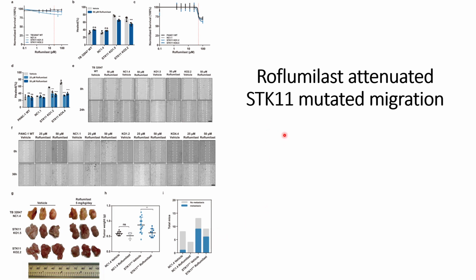It might be impacting the migrations to other organs. So this is the final figure that they have presented, and they made their conclusion that STK11 mutated pancreatic cancer cells cause more migrations, and that can be attenuated by Roflumilast.